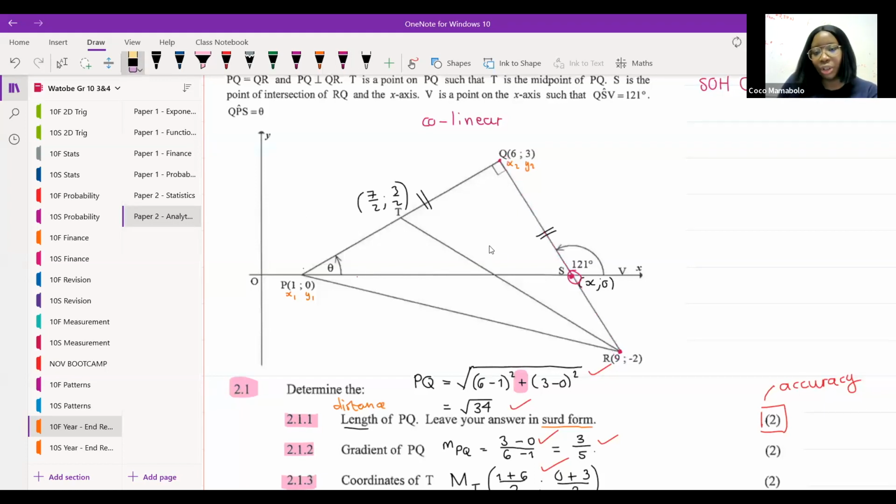What do we need in order to calculate an equation? Remember the equation is y equals mx plus c. Yes, correct. So I'm going to need 2 things. What are those 2 things?